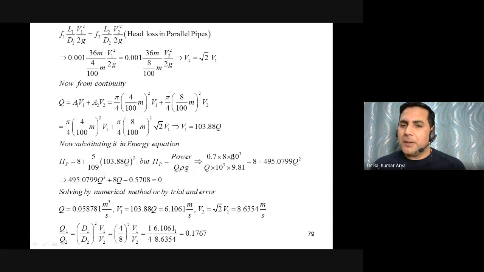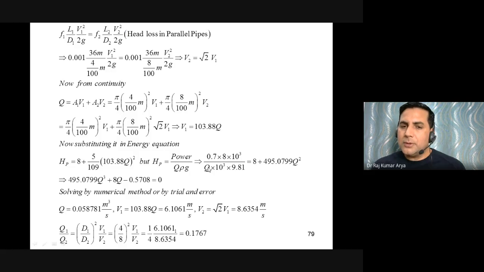So the pump consumes 8 kilowatt. The efficiency was given to you as 70%. So 70% of the actual power consumed would be delivered to the fluid. So this is the actual power delivered to the fluid, divided by Q rho G, and you will calculate the HP. So write this equation: HP equals power upon Q rho G. You know the power, you know the efficiency 0.7.